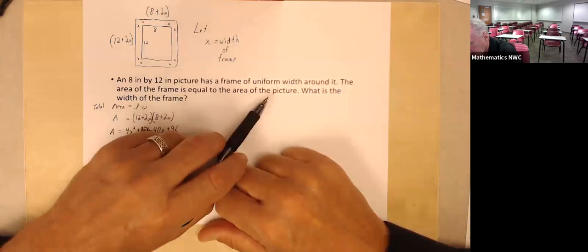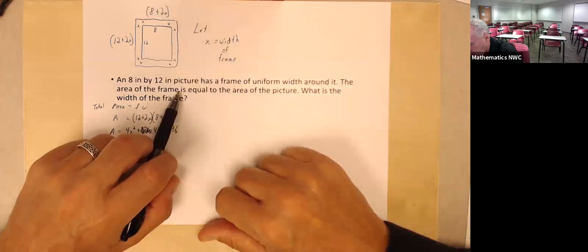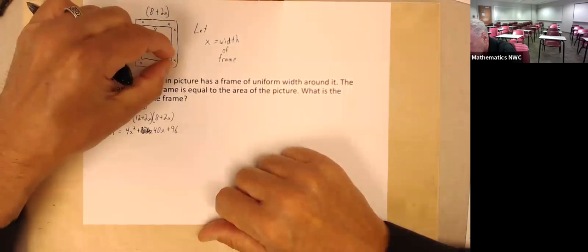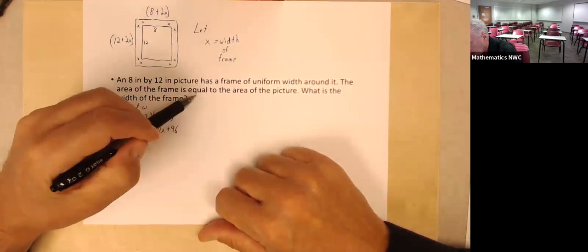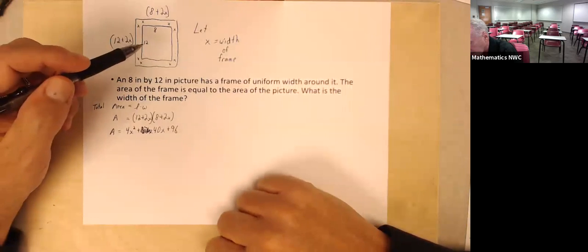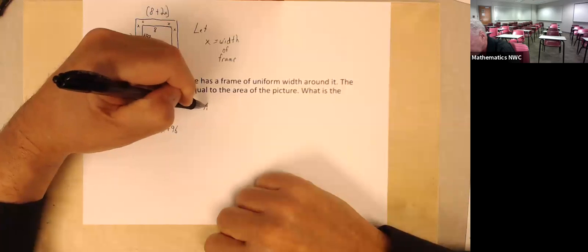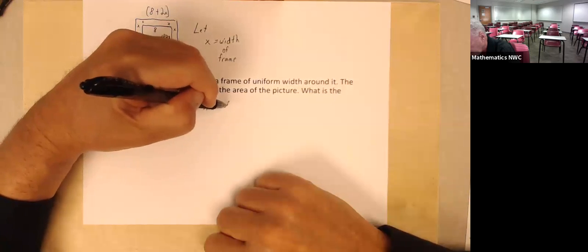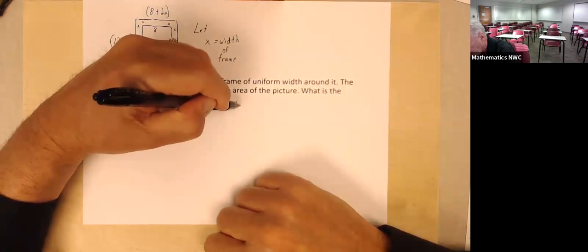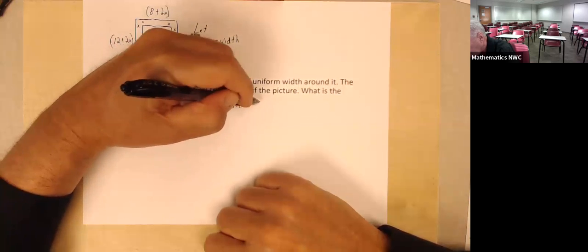But they're telling me the area of the frame itself, that means just this band, is equal to the area of the picture. Well, the area of the picture, this is where it gets a little bit tricky.